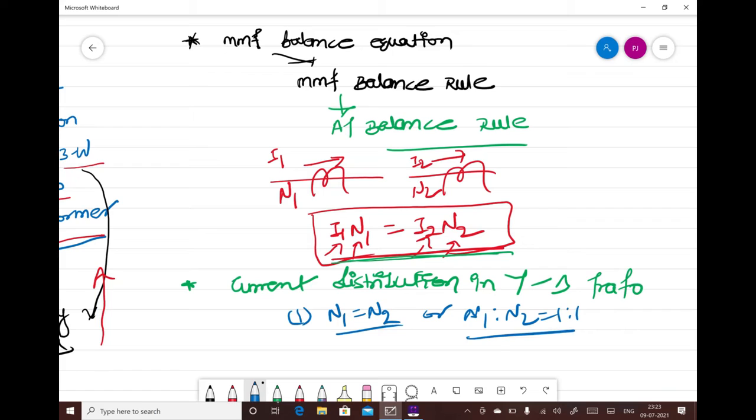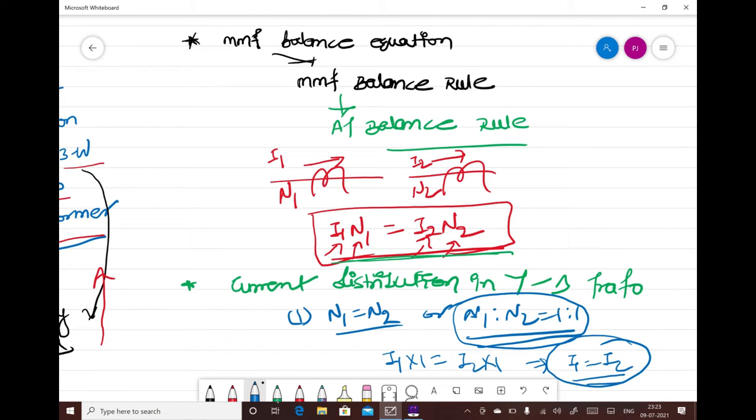This is only for understanding of our concept, because in actual condition this will never be 1:1 for a normal power transformer. With this assumption, I1 into 1 is equal to I2 into 1. That means I1 must always be equal to I2, and we will use this simple equation for our current distribution in a star delta transformer.